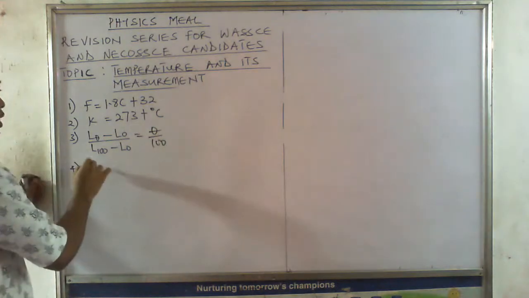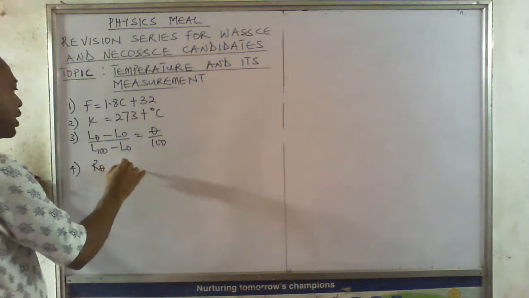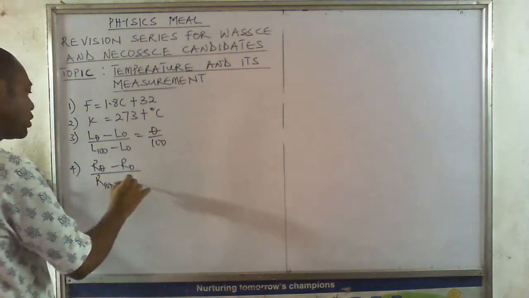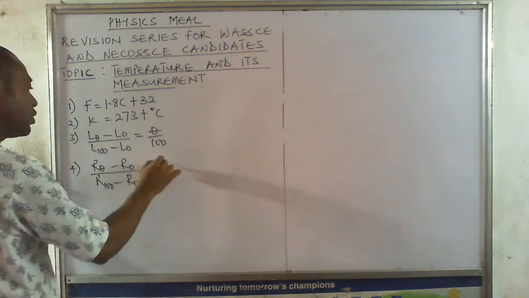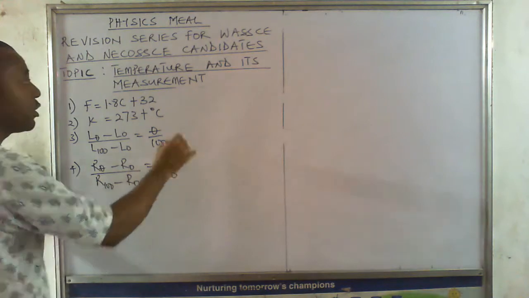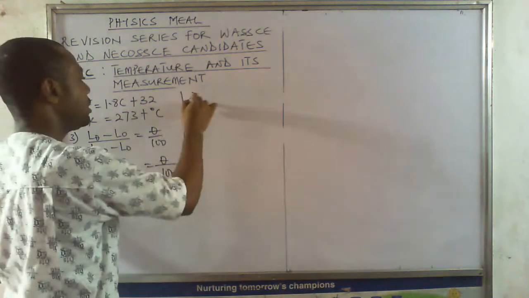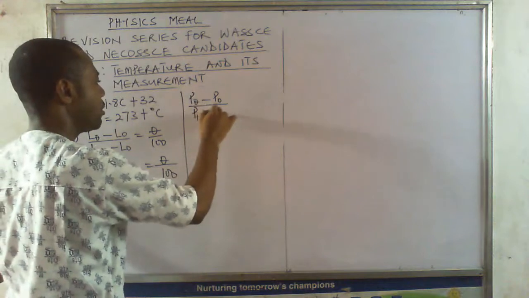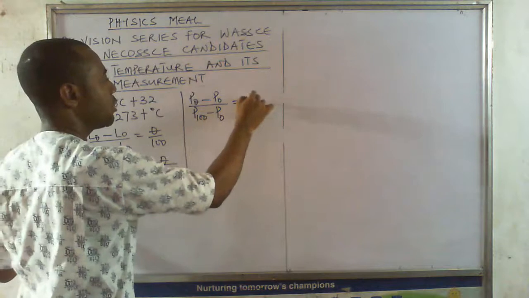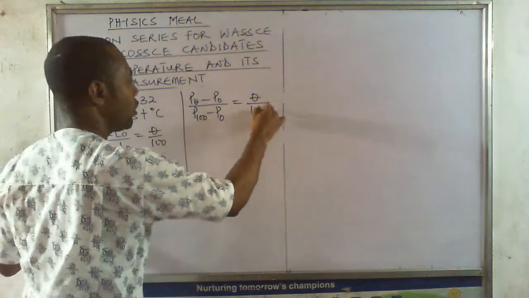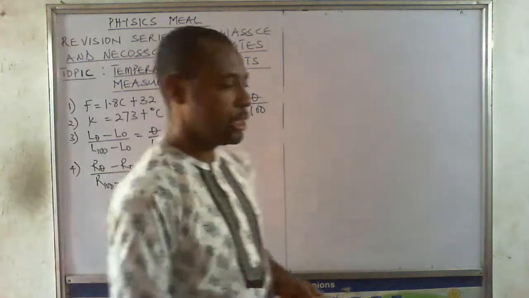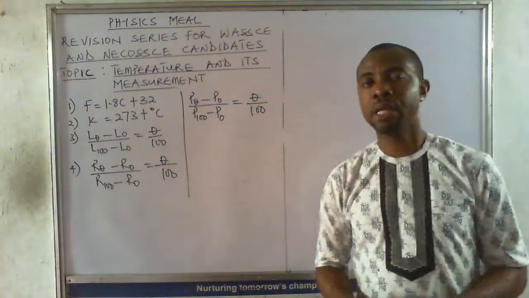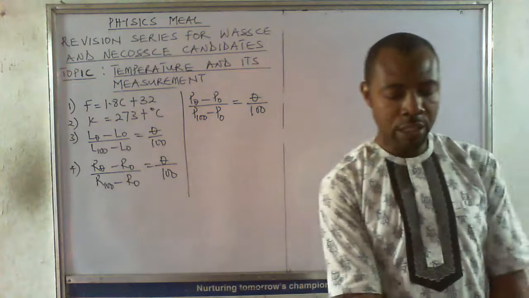We also say that (Rθ minus R0) all upon (R100 minus R0) will give us θ over 100 also. And then we say that (Pθ minus P0) all upon (P100 minus P0) is equal to θ over 100. So we generated these few expressions, and we want to use them for calculations, as far as temperature is concerned.